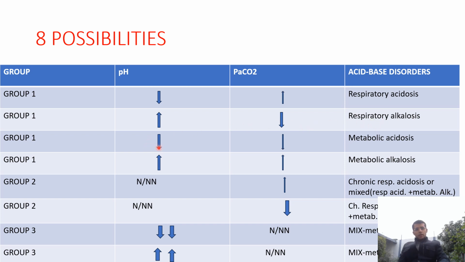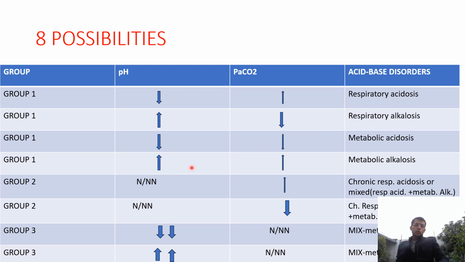If pH goes down and PCO2 also goes down, then it is in the same direction. So it is metabolic acidosis. And if pH goes up and PCO2 goes up, it is metabolic alkalosis. So to sum it up, group 1 has various disorders in which if pH and PCO2 go in opposite directions, we have a respiratory problem. If they go in the same direction, we have a metabolic problem.